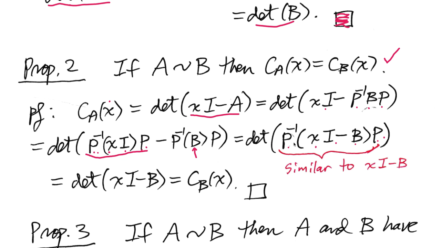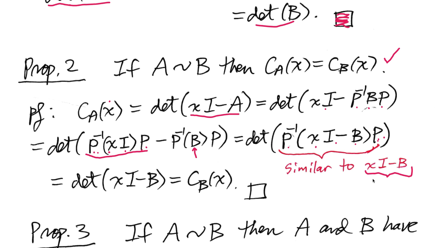But wait a minute. Do you notice that what's inside the big parentheses is actually similar to xI minus B? It's P inverse blah blah times P, so whatever's inside this is similar to xI minus B.